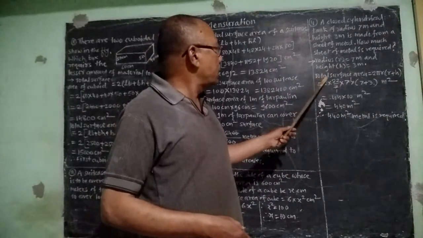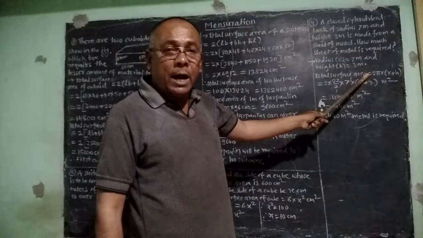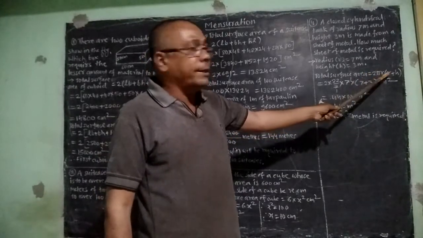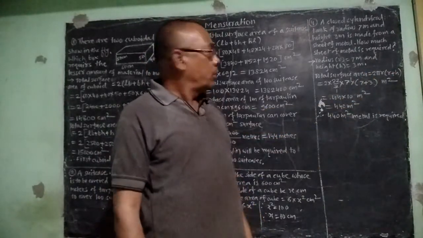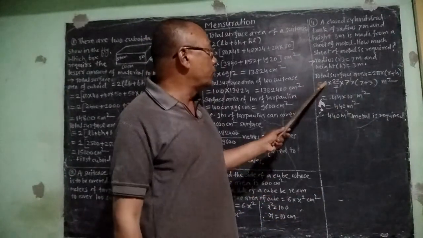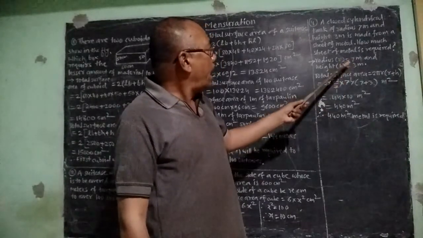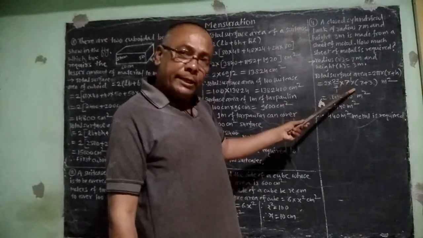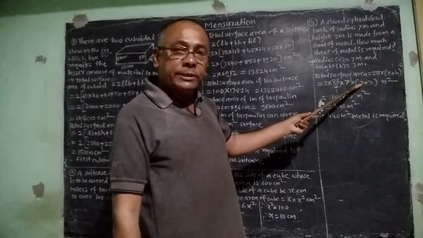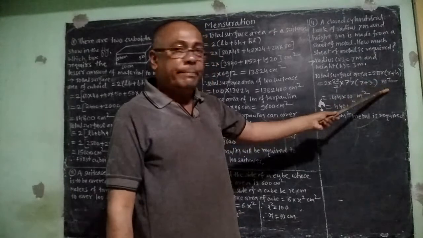And now we will write the formula for the total surface area of the cylinder. That is, total surface area of the cylinder is equal to 2 pi r into (r plus h), and that is equal to 2 into 22 upon 7 into 7 into (7 plus 3) meter square.